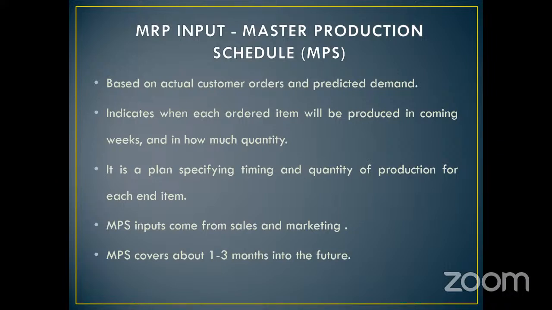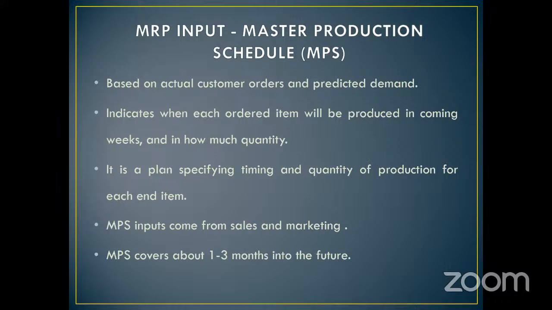This master production schedule sheet indicates when each ordered item will be produced in the coming weeks and in how many quantities, right? When it is going to be manufactured and how much quantity.